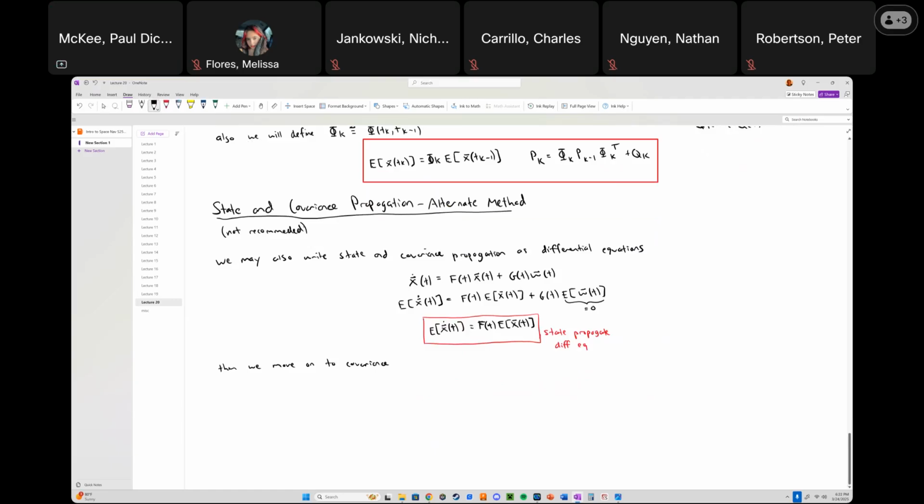Okay, remember, P of t is phi t naught t, P of t naught, phi t naught t transpose, plus the integral from t naught to t of phi t epsilon, g of epsilon, q of epsilon, g of epsilon transpose, phi t epsilon transpose, d epsilon.